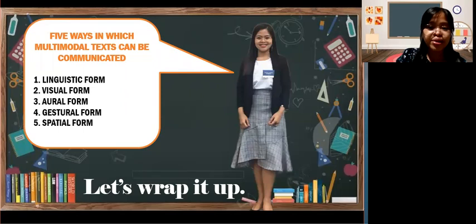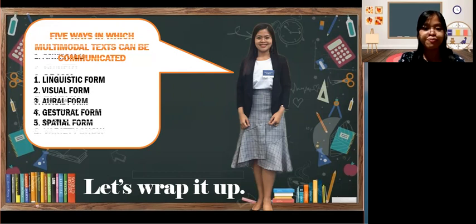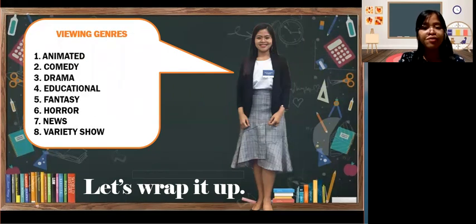We also talked about the 5 ways in which multimodal text can be communicated in different forms. We have linguistic form, we have visual, we also have oral, gestural, and spatial form. We also have viewing genres, and there are 8: animated, comedy, drama, educational, fantasy, horror, news, and variety show.